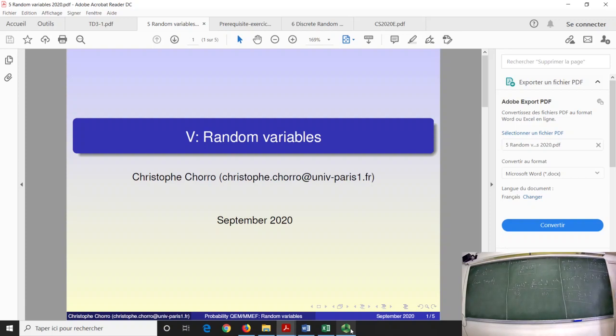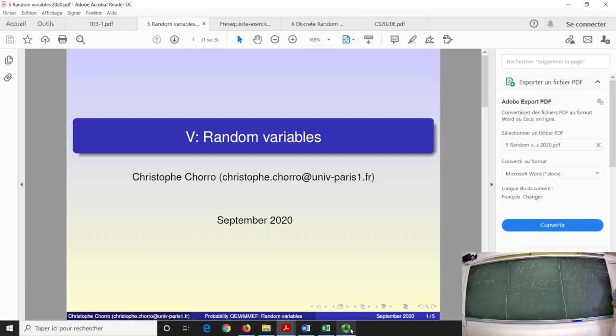Before giving you the technical definition of what a random variable is, I want to show you two examples of such a situation. But if I want to summarize in words what a random variable is, I can summarize it like this. It's a mapping in the classical sense.